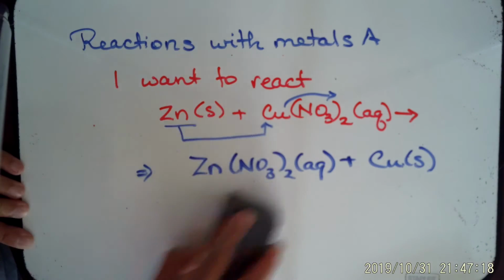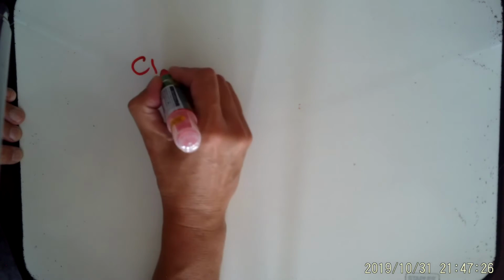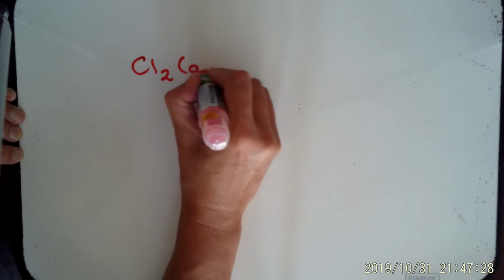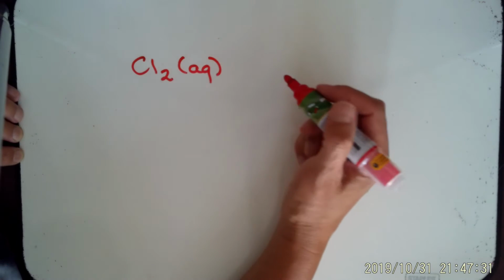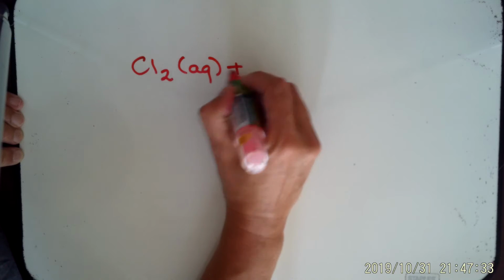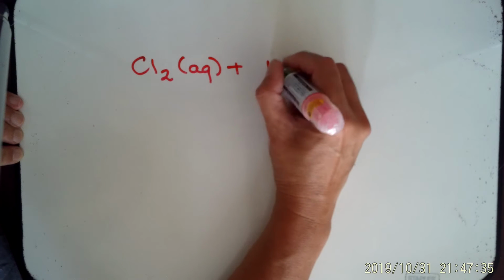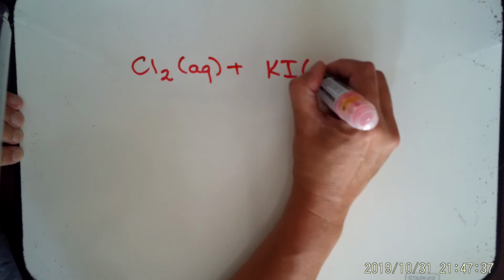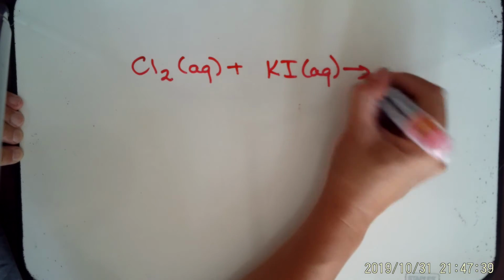What about the halogens? Well, we do the same thing with the halogens, and that is, if you try to react chlorine, we dissolve the chlorine in water, so it's a lot like bleach, and I actually add something like potassium iodide in solution. Okay?